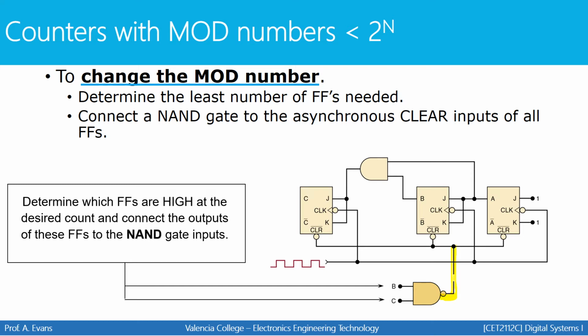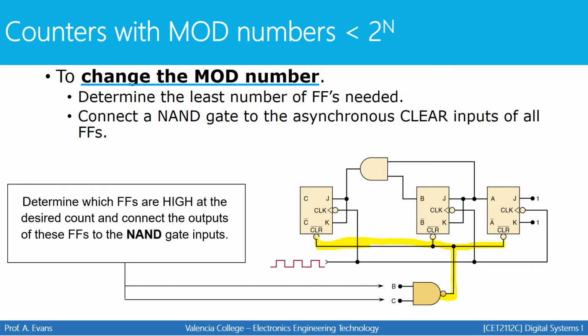So the NAND gate is connected to each clear input on the flip-flop. So reminder, the clear input is an asynchronous override input. That means that if you want to force the flip-flop to be low, you have to apply a signal to these clear inputs.